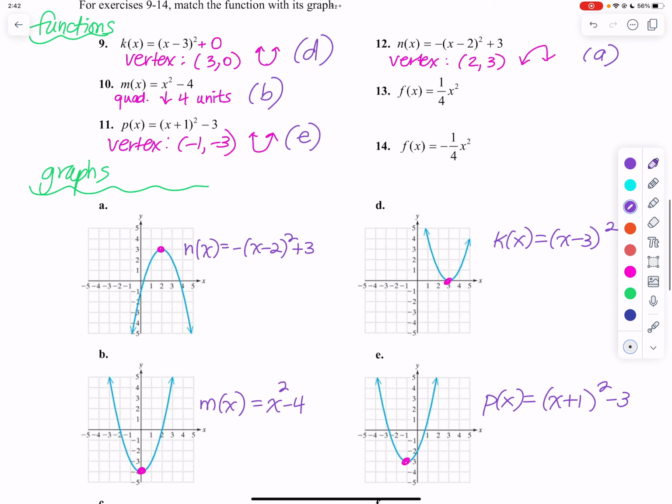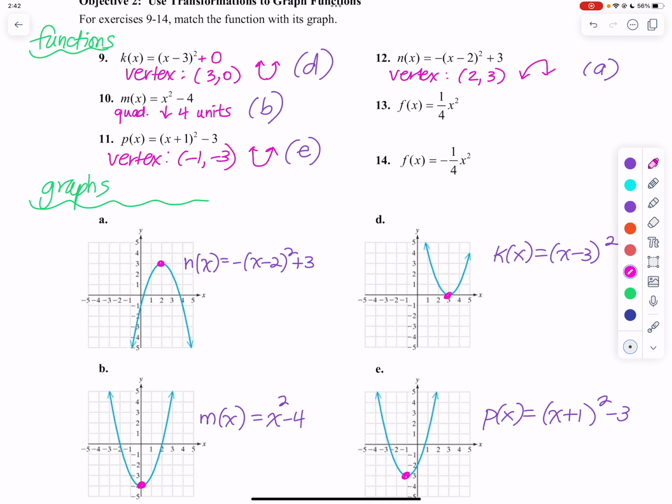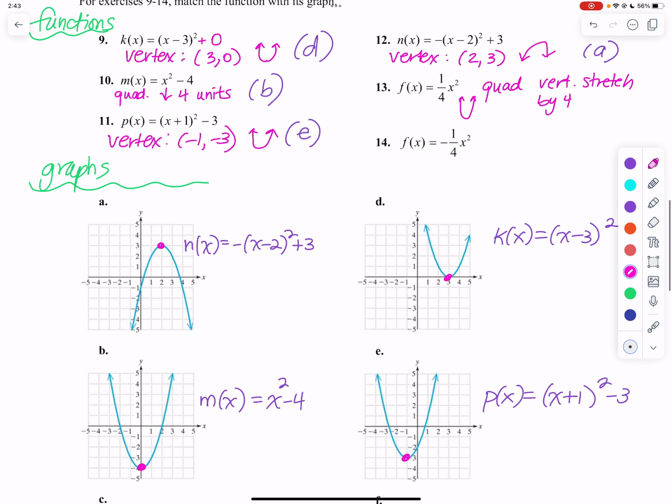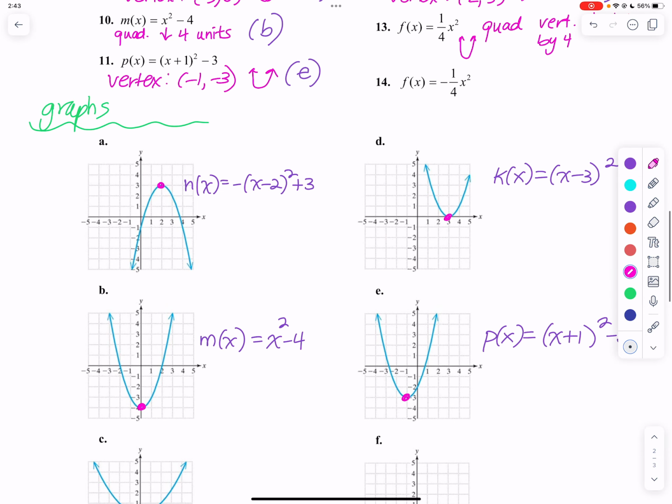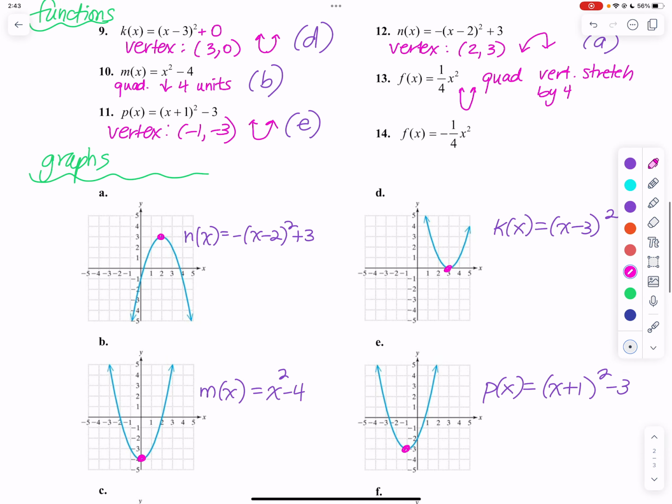Looking at number 13, all we know is we have this quadratic function and we have a vertical stretch by a factor of 4. So this is going to be very thin vertically. And as you can see, excuse me, that's a vertical compression. That 1/4 is on the outside. So I'll say shrink, and that'll be by 1/4.